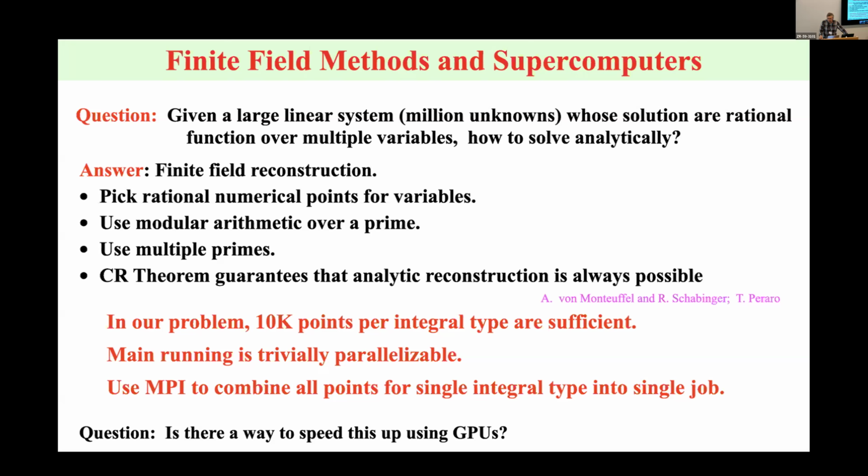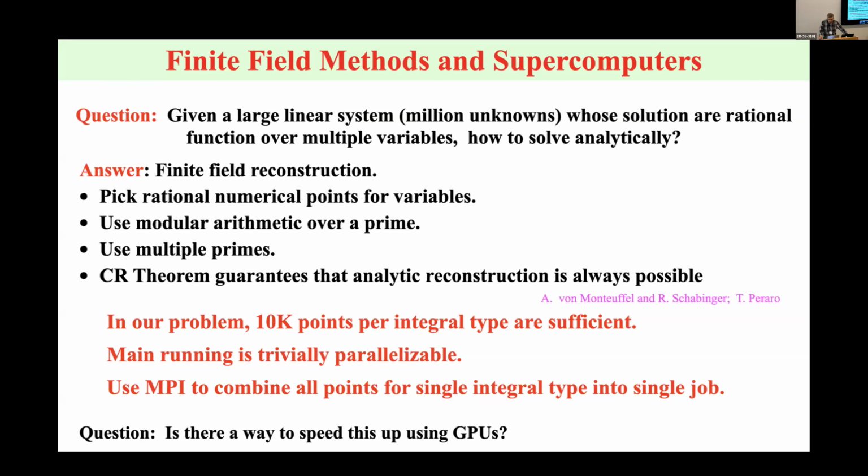And then you use multiple prime fields. The Chinese remainder theorem says that you can always analytically reconstruct this thing. The only thing you need is enough primes and the reconstruction is possible. This is something that's bread and butter in collider physics. This is how all high order calculations are done, using finite fields.